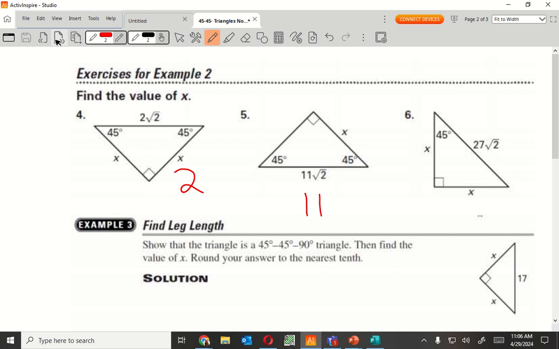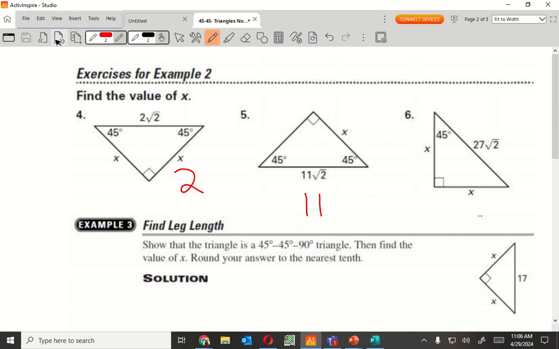And right here, 55. What do you get for this one? 55. What'd you get? 57. Nope.